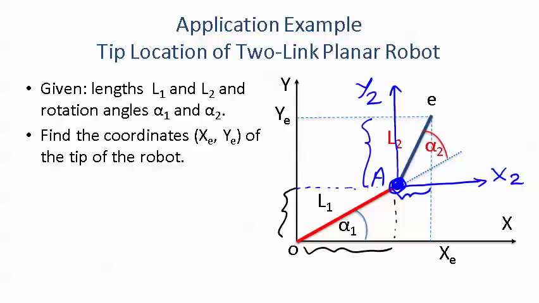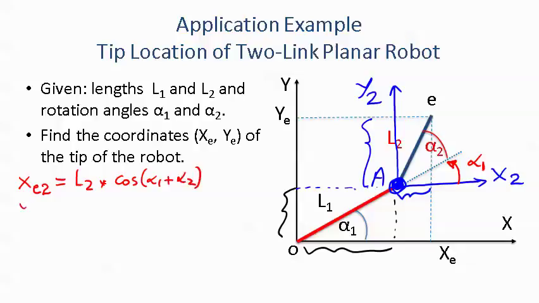By using what we know about parallel lines, we observe that this angle here from X2 to the extension of L1 is equal to alpha 1. So the distance here along X2, if we want to call it XE2, is going to be equal to L2 times the cosine of angle alpha 1 plus alpha 2.